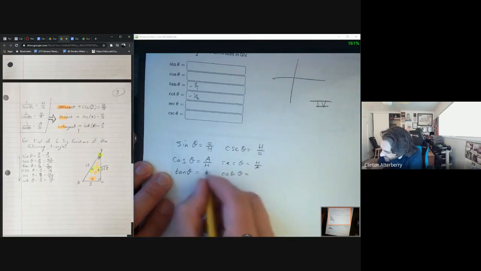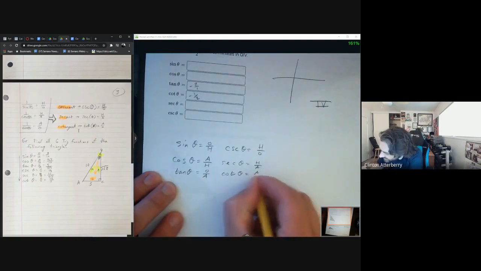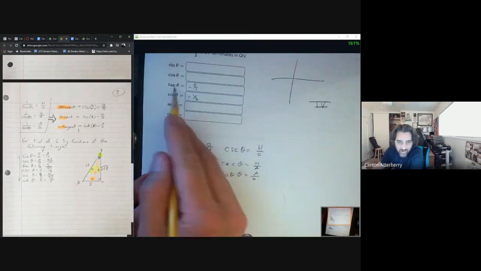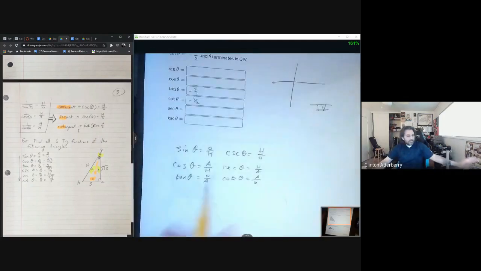Tangent is O over A, opposite divided by adjacent, and cotangent is just this upside down, so adjacent over opposite. So that's why when I saw a tangent, they gave us this number. That number is just this one, but upside down. That's all you got to do for that one.